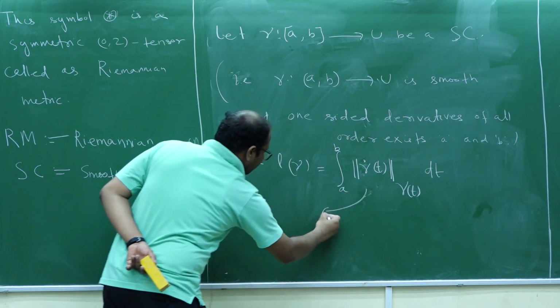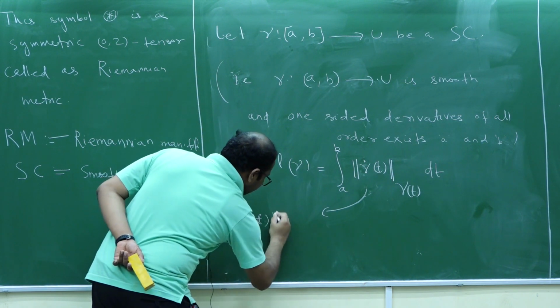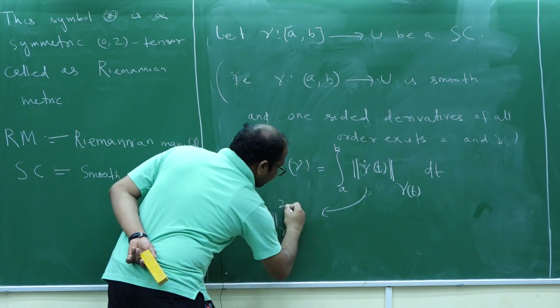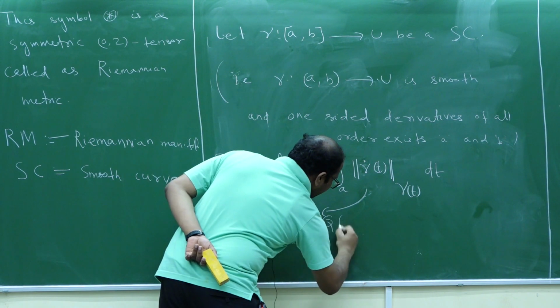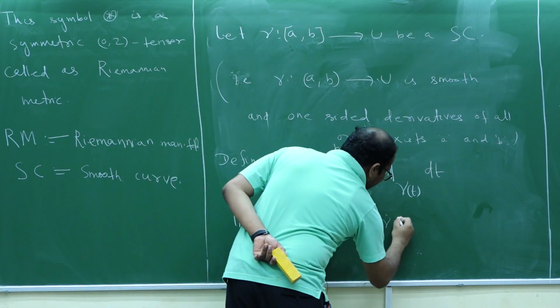What is the meaning of this? This is really the norm of gamma dot t squared, which is the inner product at gamma of t applied to gamma dot t.